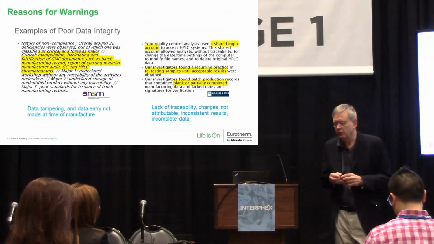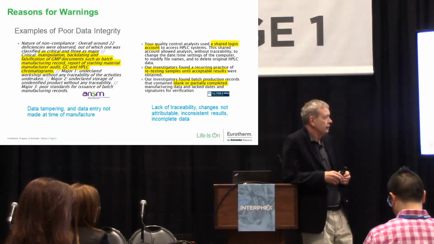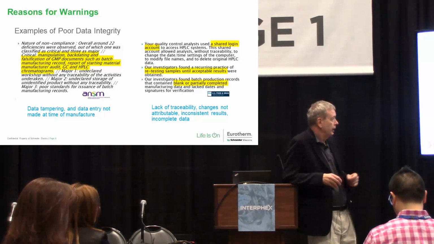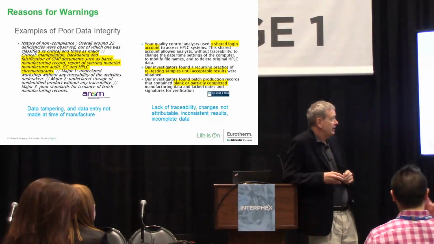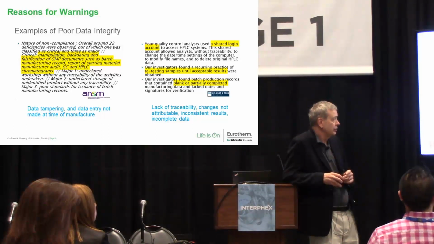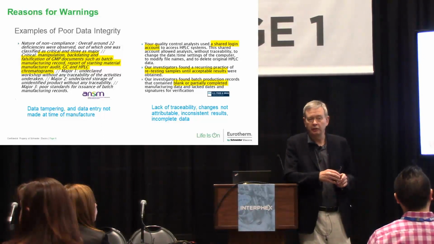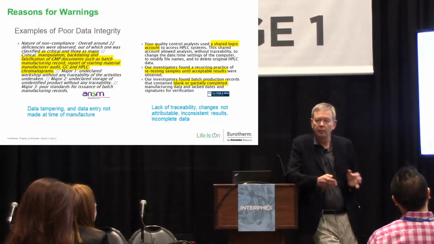These are some actual extractions that show the gravity of some of the things that FDA inspectors actually find. This one, manipulation, backdating, and falsification of good manufacturing practice documents. This is just a huge no-no. Nobody should ever be doing this, but sometimes it has to do with how automated your systems are.